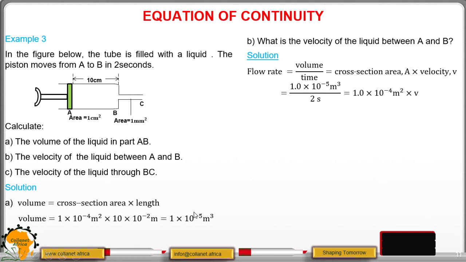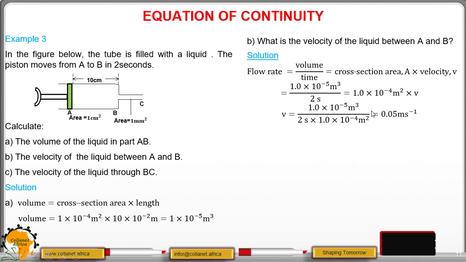Already we know the volume here, which is this. You are given the time, and therefore you will divide by 2 here, so that you get the flow rate, or what we are calling the volume flux, so that you will be able to use the cross-section area, which is already given here, times the velocity, which of course is the one we are looking for.